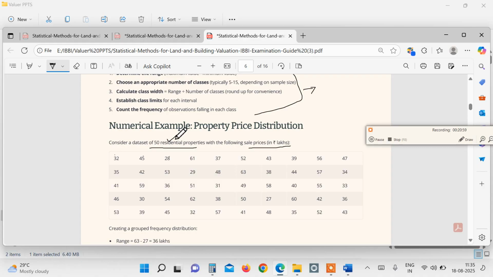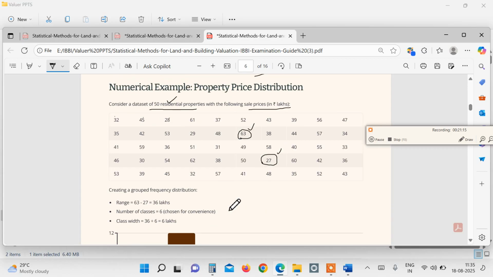See here, the maximum price of the property is 63 lakh and the minimum price is 23.7 lakh. So range is maximum minus minimum, so range is 36 lakh. Means property values are varying from rupees 27 lakh to 63 lakh, a variation of 36 lakh over these 50 properties.